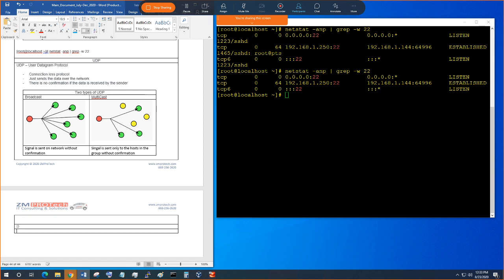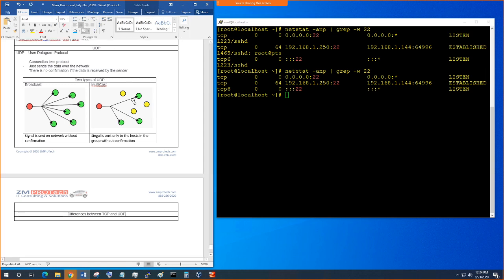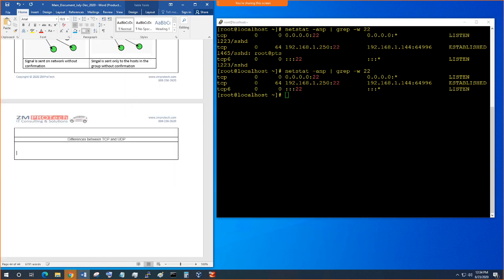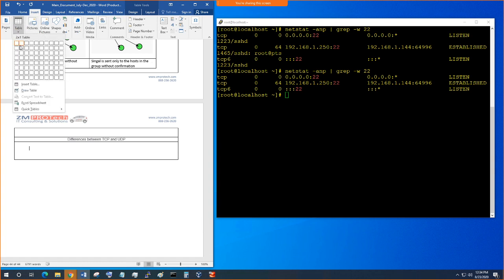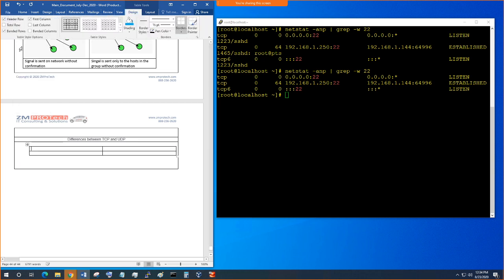Okay, the TCP on one side and UDP on the other side.